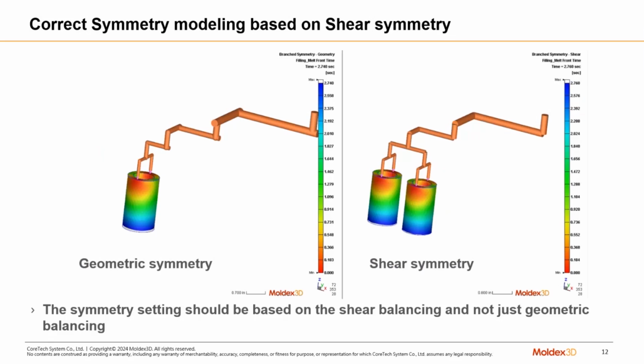And you can see that there are slight differences, not too much, since it's an easier part. But the bottom line is, yes, we want to consider the shear effect, and you can see a slight effect on the flow. One side is filling a little bit faster compared to this side, so there are some differences. But yeah, as the parts get complicated, we want to capture the shear behavior, right, and understand what goes into it.